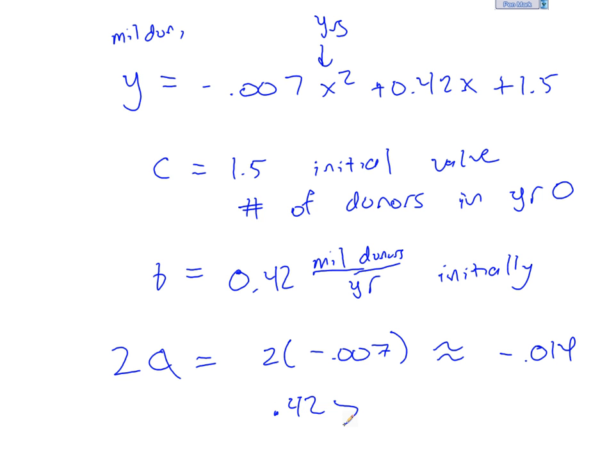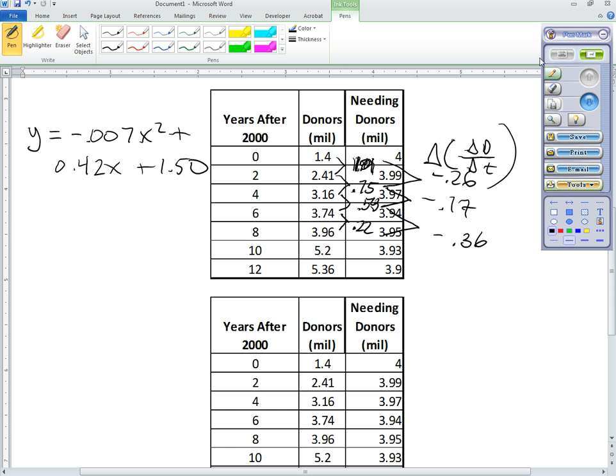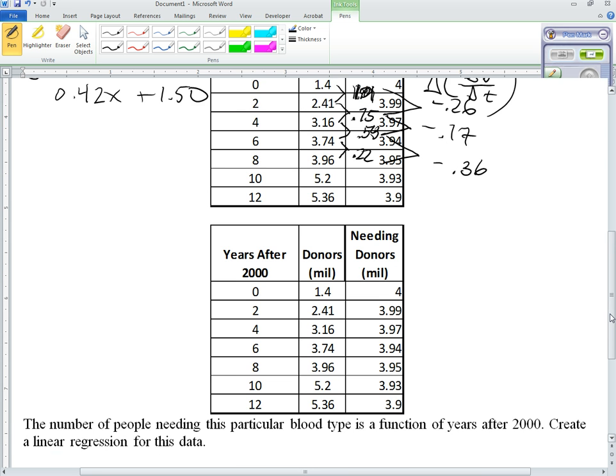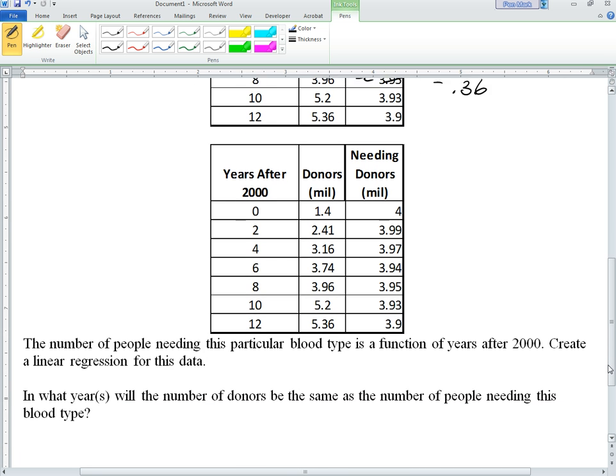That growth rate is negative 0.014 less. So that would basically continue to decrease. So the amount of growth gets smaller and smaller, and hence we start to see something like this happen. And assuming that this continued forever, if that rate of change continued to decrease, then eventually it would come back down. Now let's look at the next part, in which case we will go back to a linear regression.